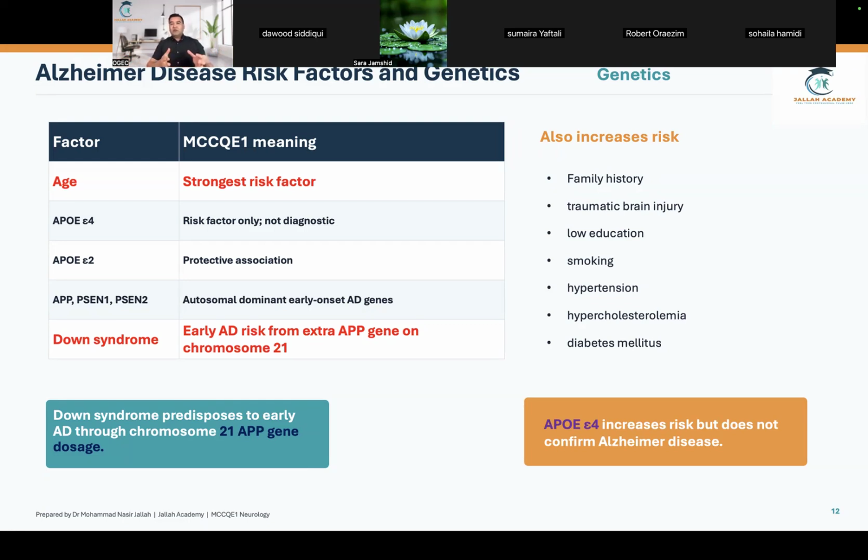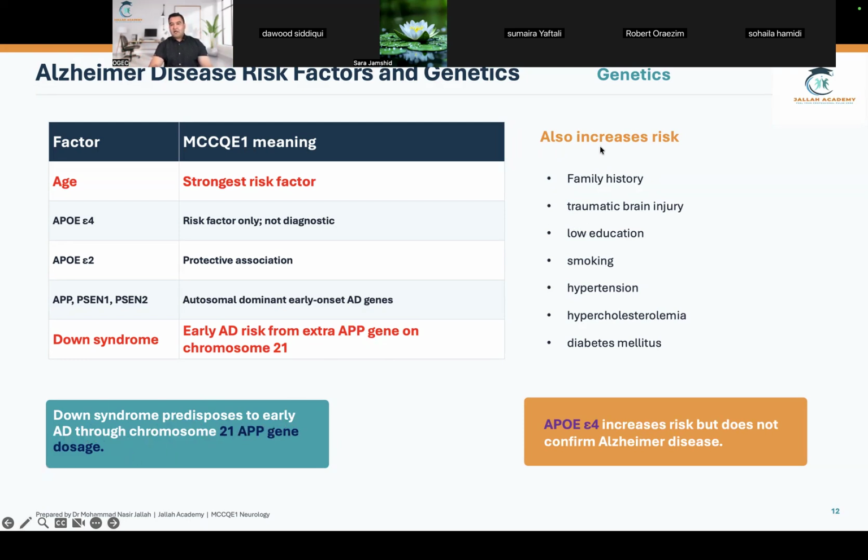And the question is, what is the strongest risk factor for this patient? So for this patient, younger age, Down syndrome, the risk factor is the APP gene. So Down syndrome predisposes to early Alzheimer disease through the chromosome 21 APP gene dose.